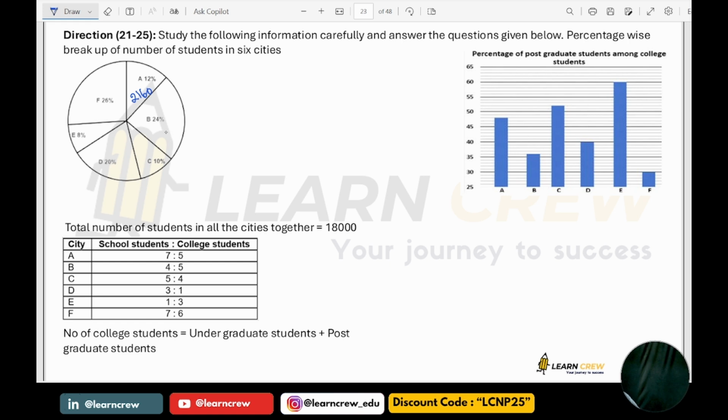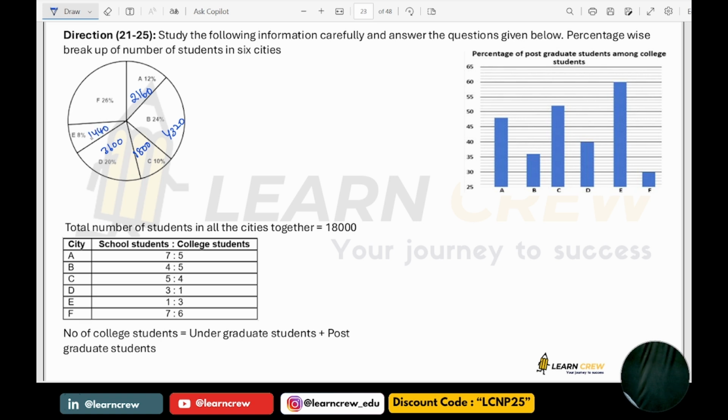24%. So 24% is how much? 24 18s are 4320. 10% is 1800. 20% is 3600. 8% is 1440.